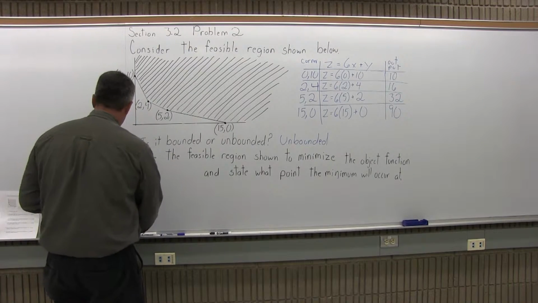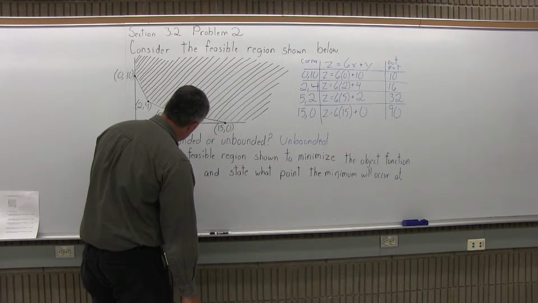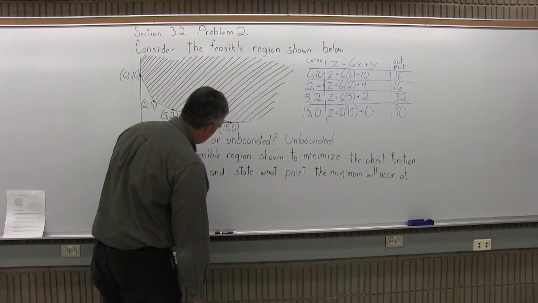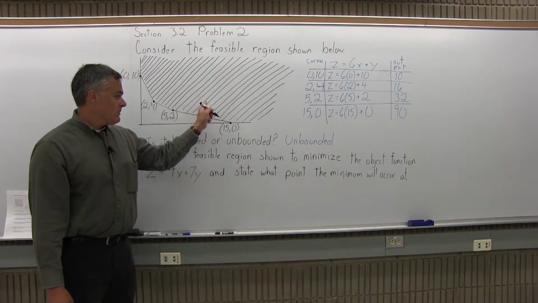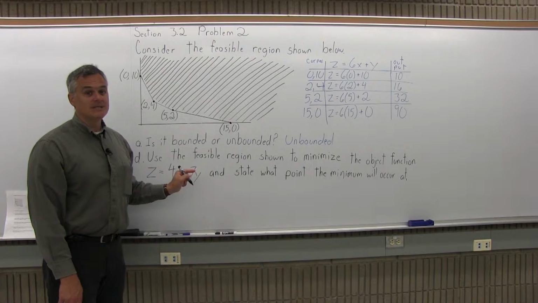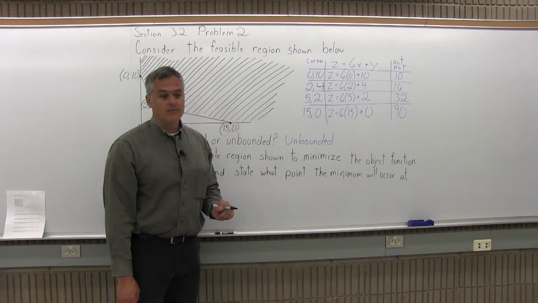So the object function for part D is z equals 4x plus 7y. So part D is: use the feasible region shown to minimize the object function z equals 4x plus 7y and state what point the minimum will occur at.